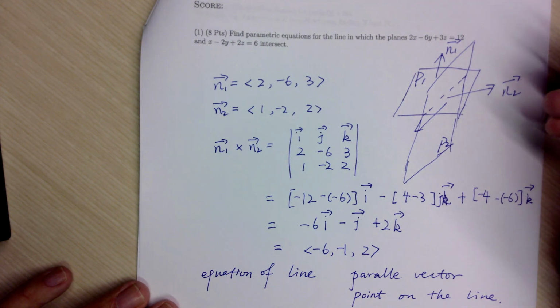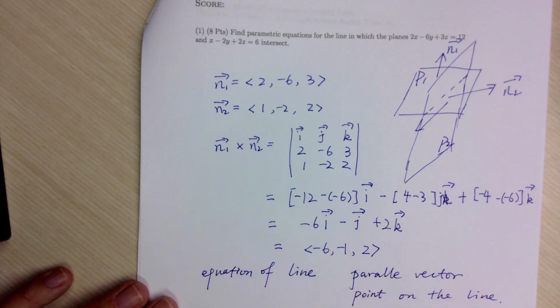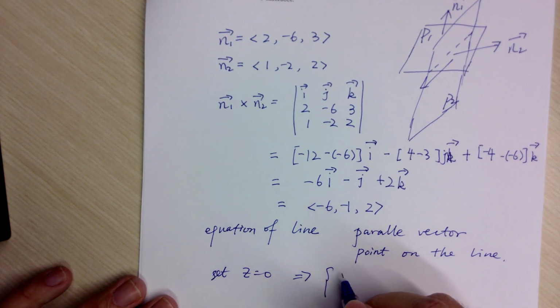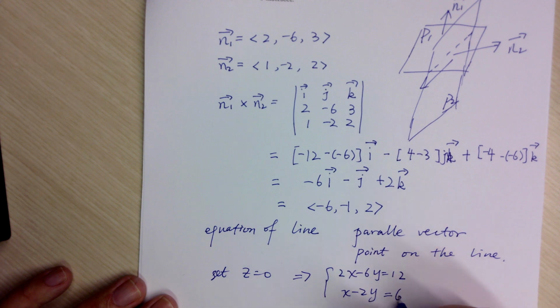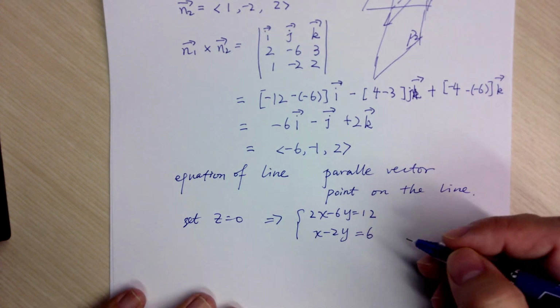So if we set the z coordinate equal to 0 here, then you can solve 2x minus 6y equals 12, and x minus 2y equals 6. Those are the pair of equations here.